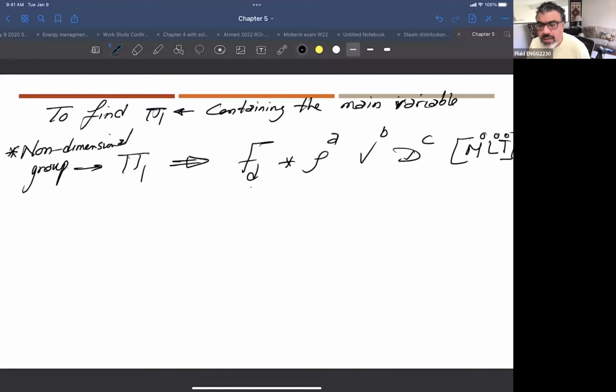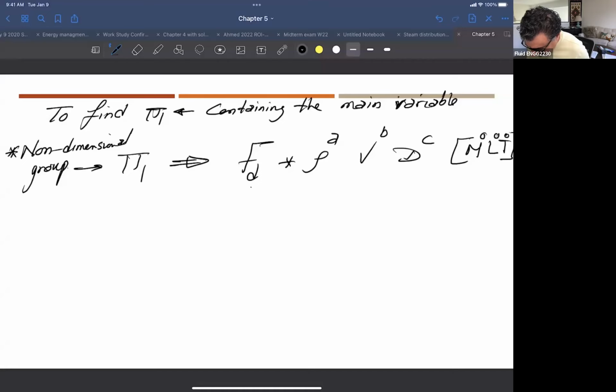Agree with me? So at the end, the multiplication of the main parameter by the other three has dimensions of 1, like there are no units. That means M has an exponent of 0, L has an exponent of 0, T has an exponent of 0, okay?